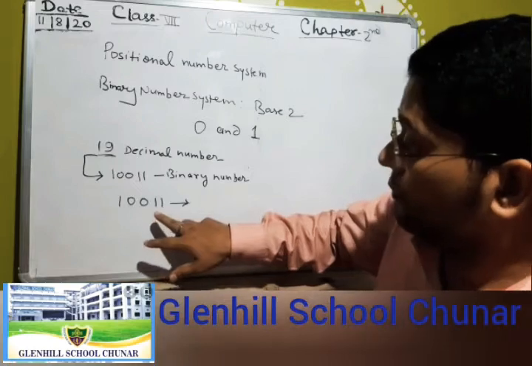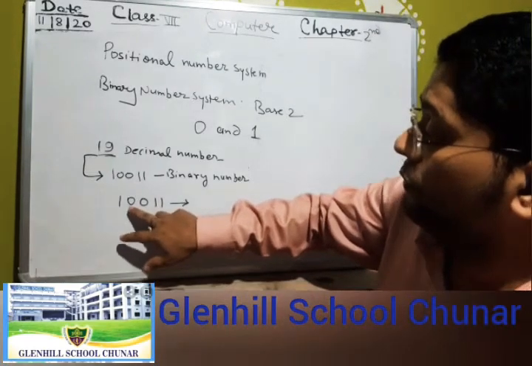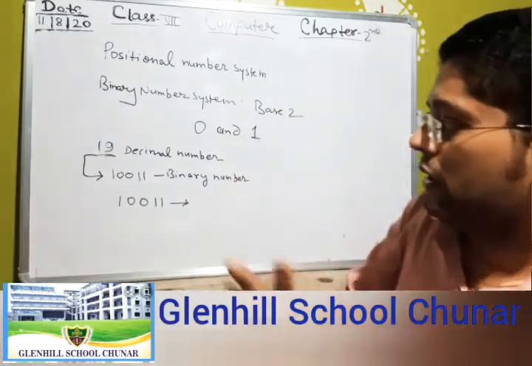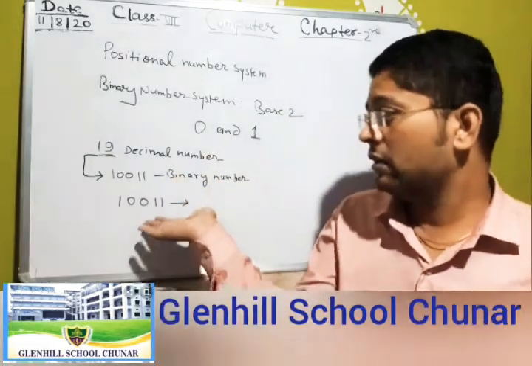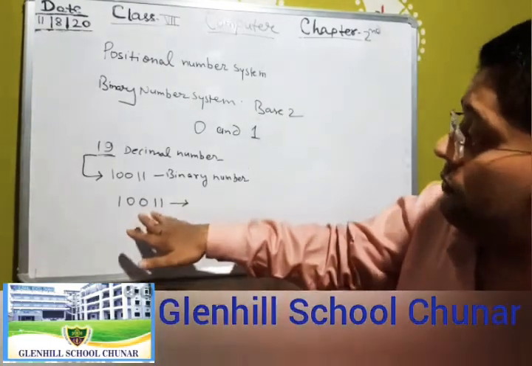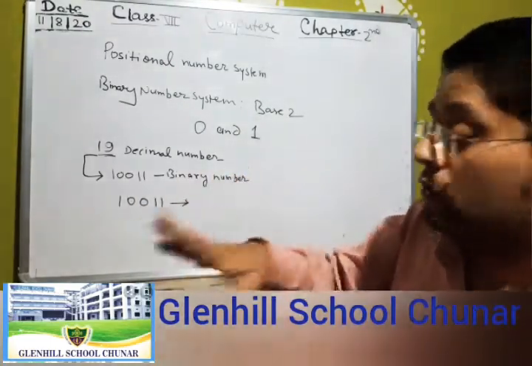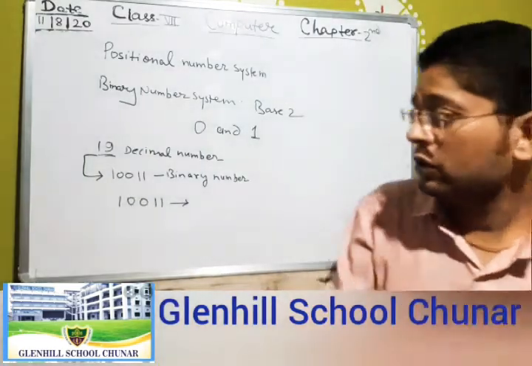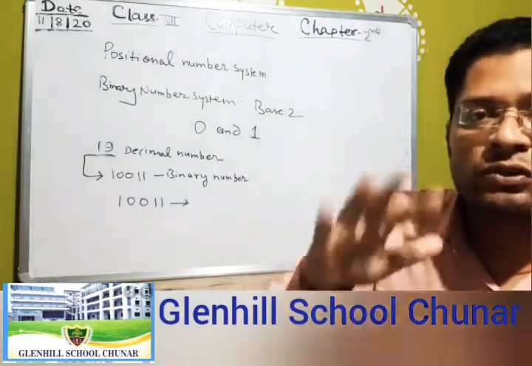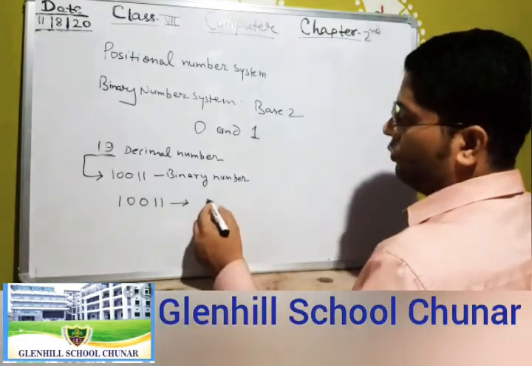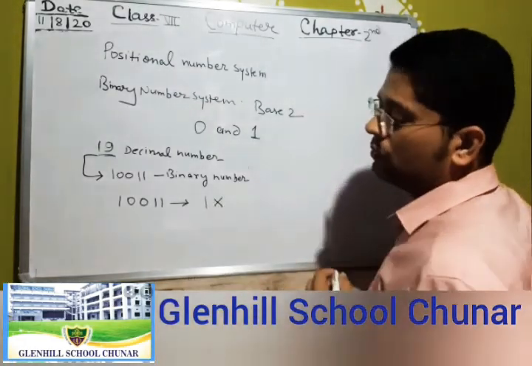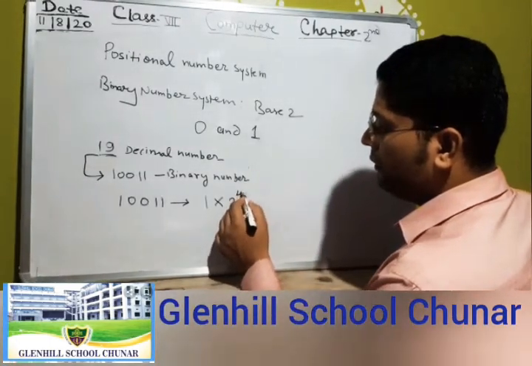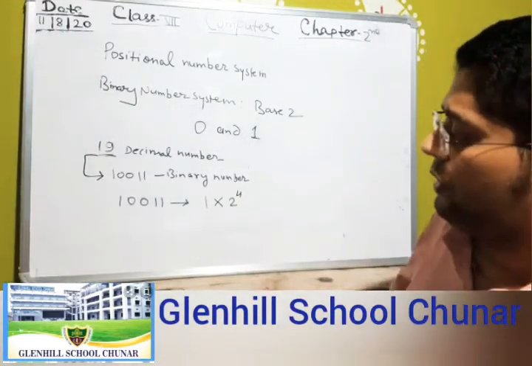So how many digits? 1, 2, 3, 4, 5. You have a total of 5 digits here, and you count from the left side, 1 2 3 4 5. So less one: 5 minus 1 is equal to 4. So look, 1 into 2 power 4. Why?